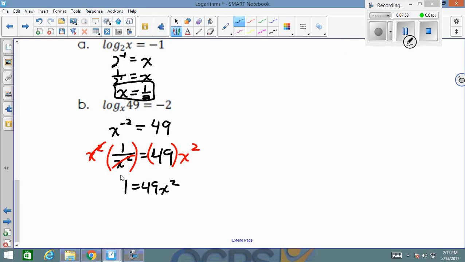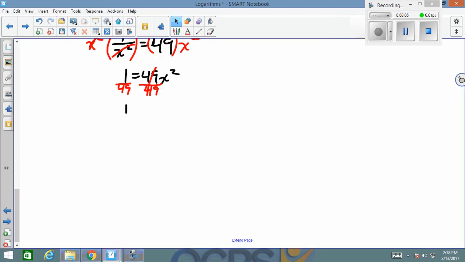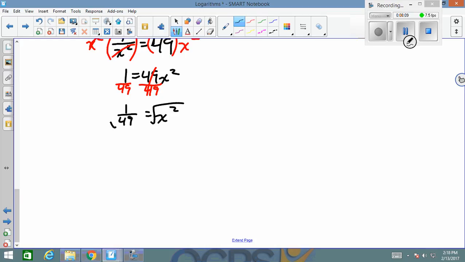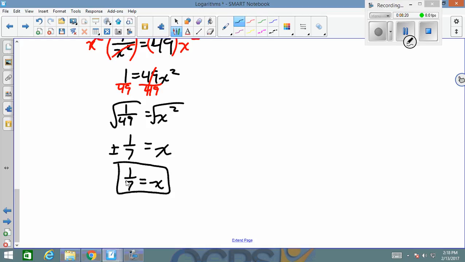We're going to divide both sides by 49. 1 over 49 is equal to x squared. Take the square root. The square root of 1 over 49 is plus or minus 1 over 7. But remember, in logarithms, x cannot be negative, so x will only be positive 1 over 7.